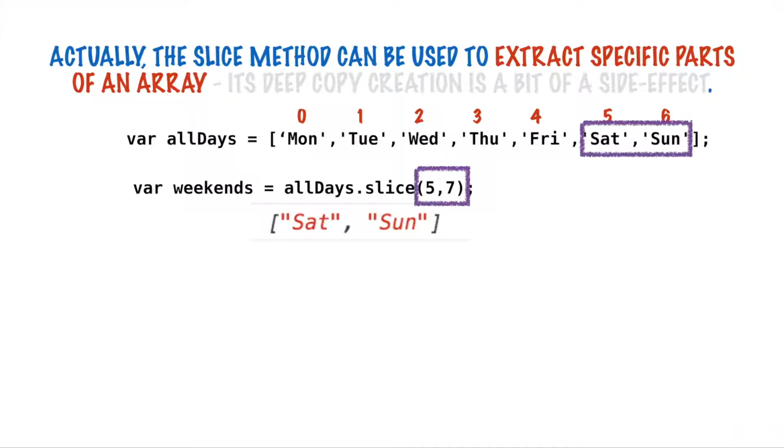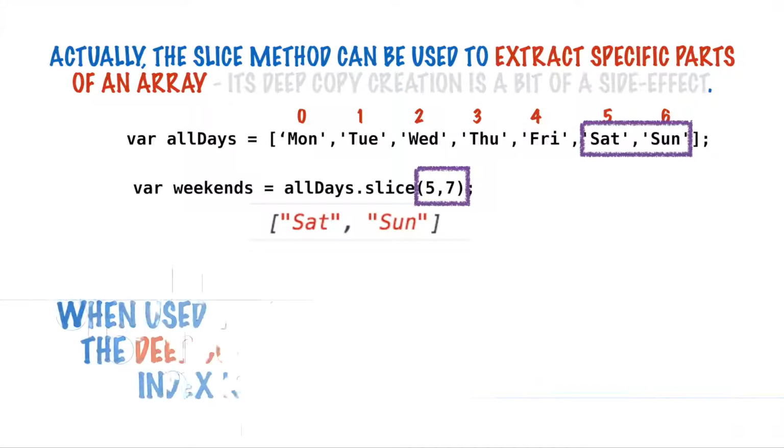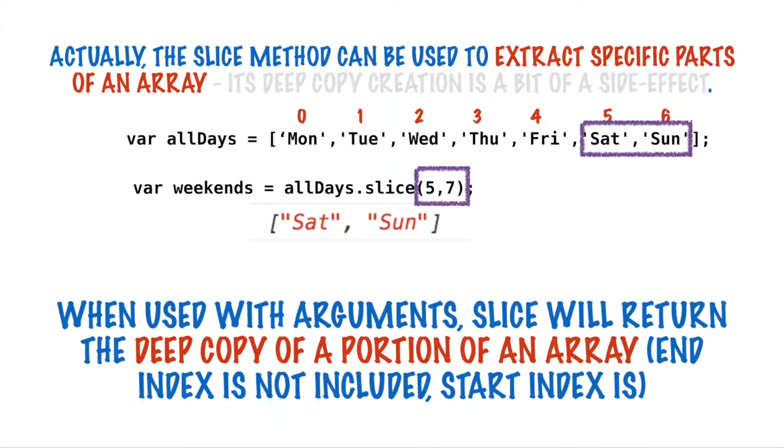But the second argument to slice is 7, which means that when used with arguments, slice returns a deep copy of a portion of an array. The start index 5 is included in the copy that's returned. The end index 7 is not included. There isn't an element at index 7 in this array. So that's the range that we want to slice, and in that range the start index is included and the end index is not included.